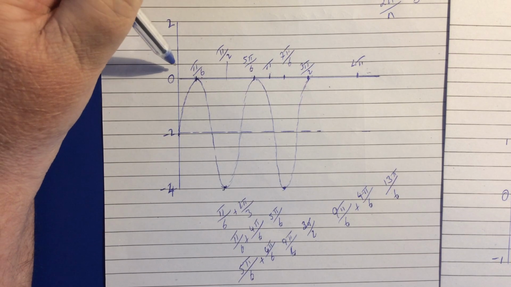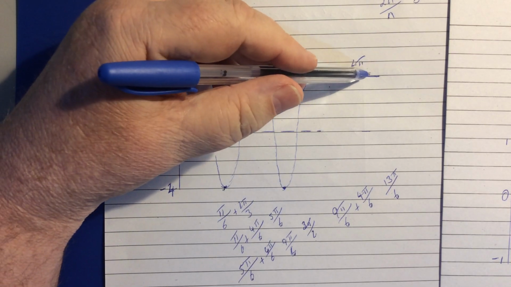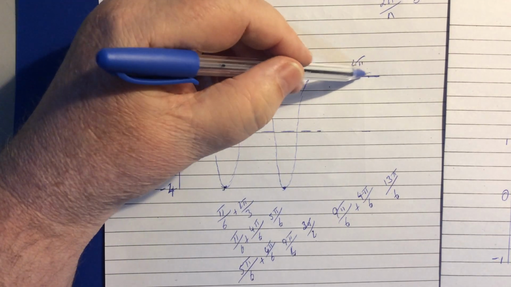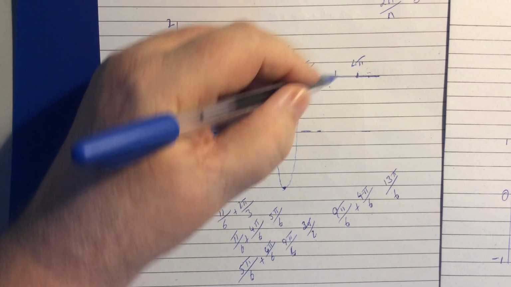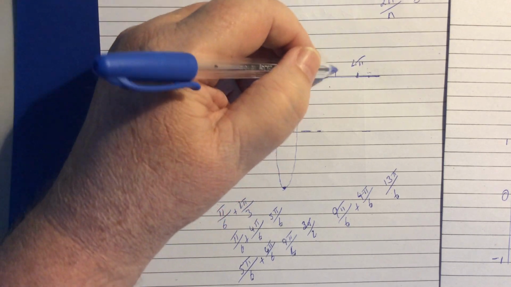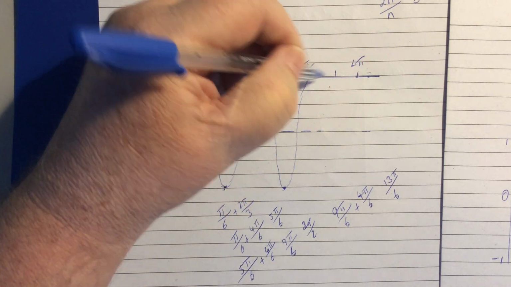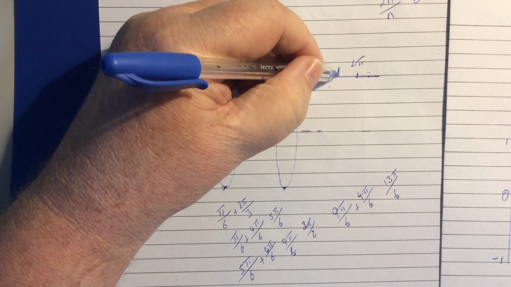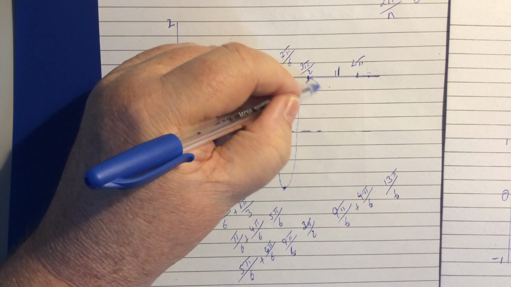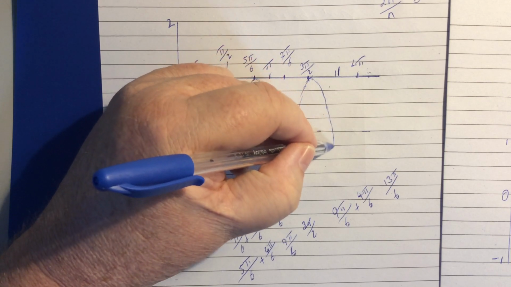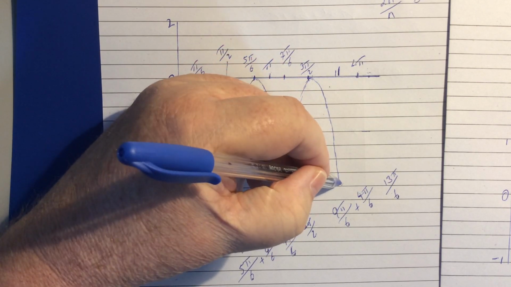And I stated that we would leave our domain at 2 pi. So what I will do is I'll find the midpoint here between this and this, which is probably actually a little bit to the right of that. And I'll draw this in, and we'll see where we finish up.